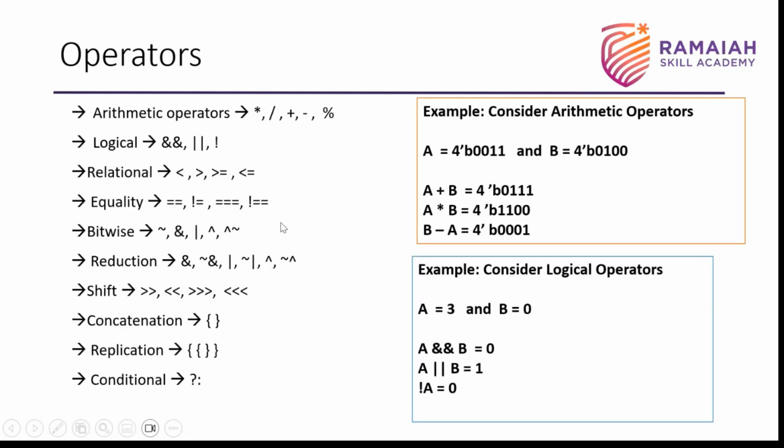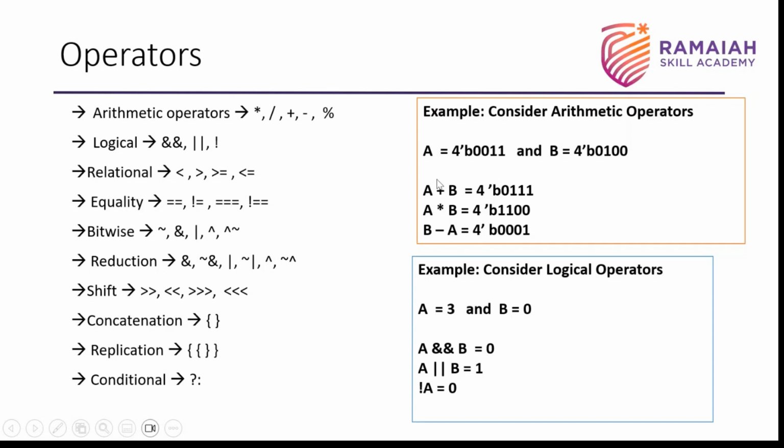Okay. And these are a few operators that we have in Verilog programming. Consider these arithmetic operators. Suppose A is given as 4-bit binary 0011. The notation b means binary, and 4 means 4 bits. And B is 4-bit binary 0100.